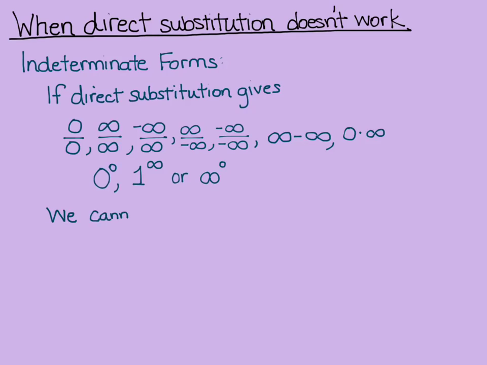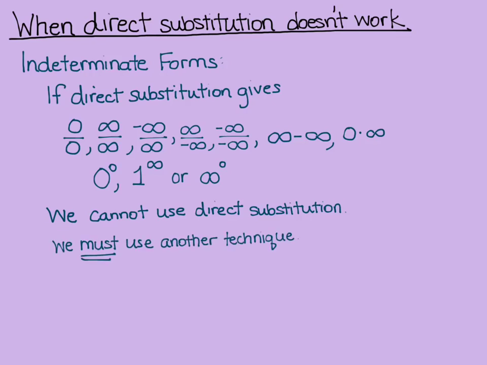If we end up with any of those forms, we cannot use direct substitution. This means we need to use a different tool. We can't determine the solution in each of these cases using direct substitution.